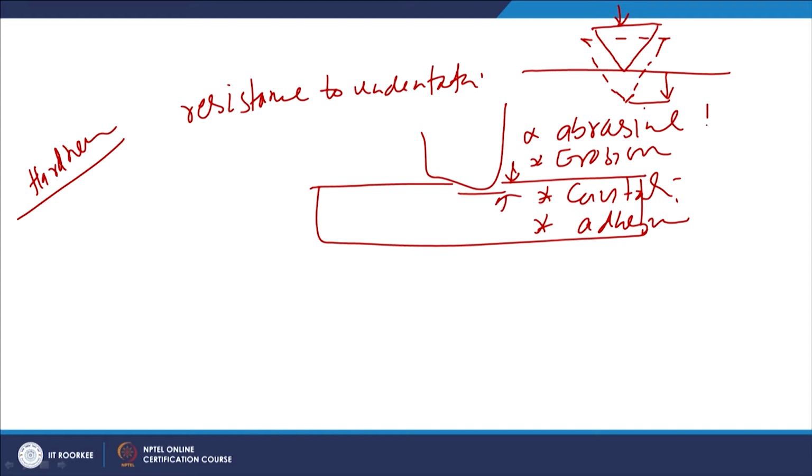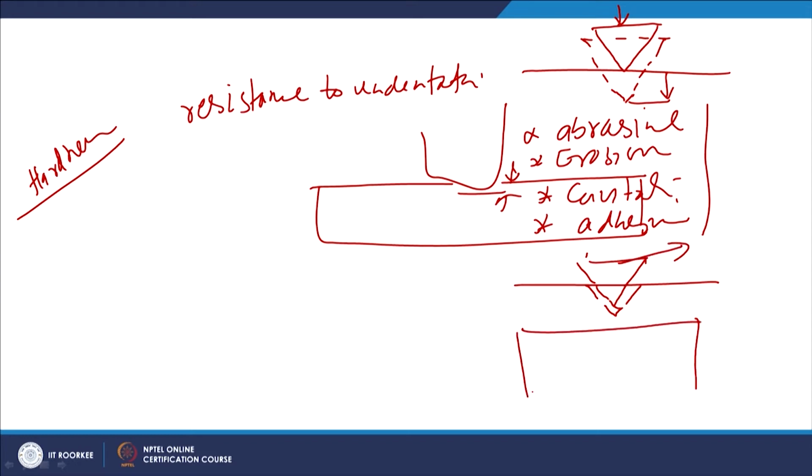becomes crucial with regard to the volume of the material which is being removed, because if this is the depth up to which the indenter or the hard particle has penetrated on the surface, then subsequent relative movement of the hard particle will form a scratch, and that scratch on the surface will appear in the form of this groove.